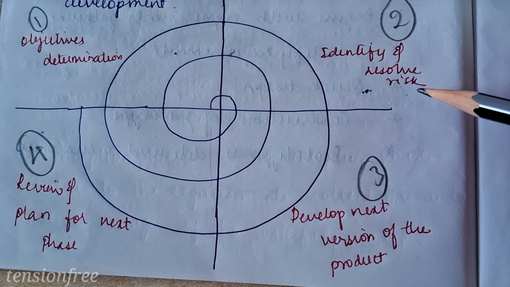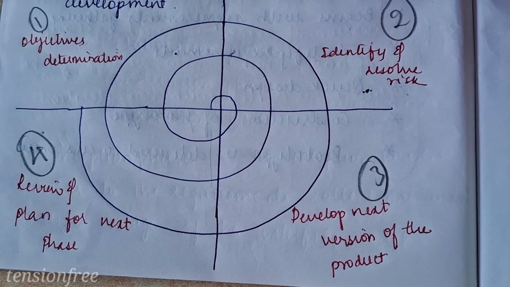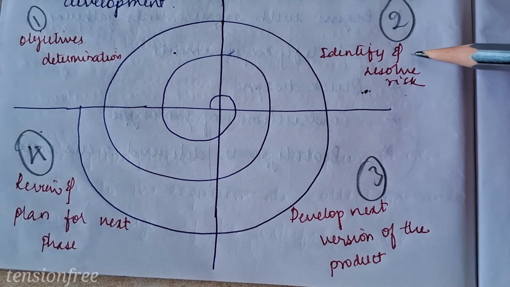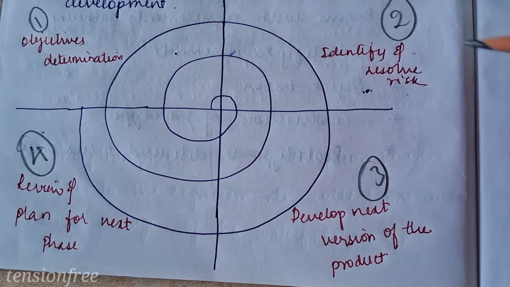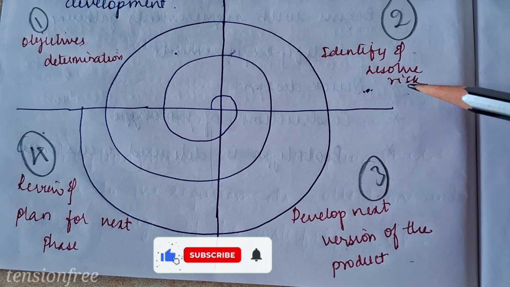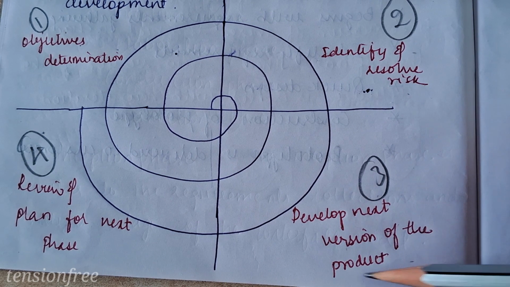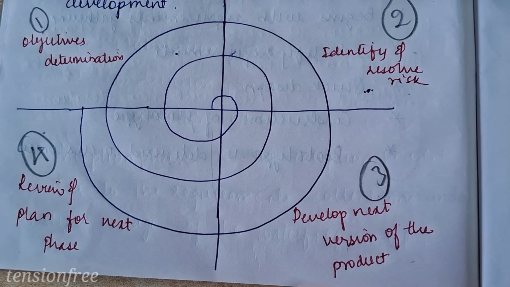Risk will be identified, as I said in the definition. The spiral model will handle the risk, right? So risk will be identified and even resolved here. Next, develop the next version of the product. After the risk has been resolved, the next version of the product will be developed here.